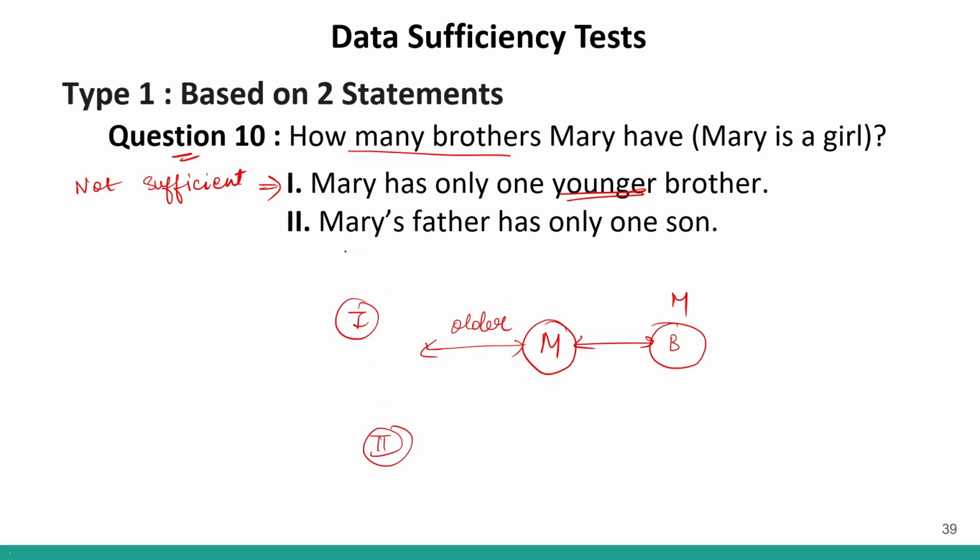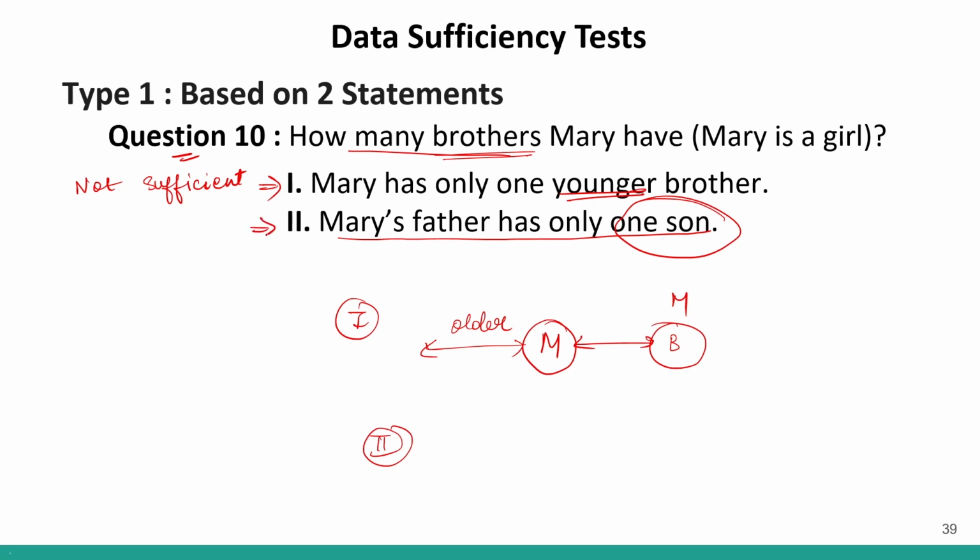Statement number 2 says that Mary's father only has one son. Correct? So if Mary's father only has one son, that means Mary will have only one brother. We have to find out how many brothers Mary has. Mary can have many sisters. But since Mary's father has only one son, Mary will have only one brother.